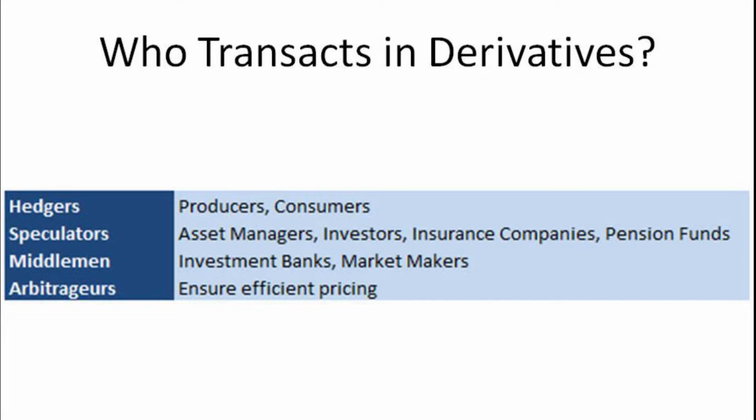And then finally, we have arbitrageurs, which we'll explain in greater detail later on. An arbitrageur is a little bit different to all of our prior groups. They tend to be trading not to take an actual position in the underlying.